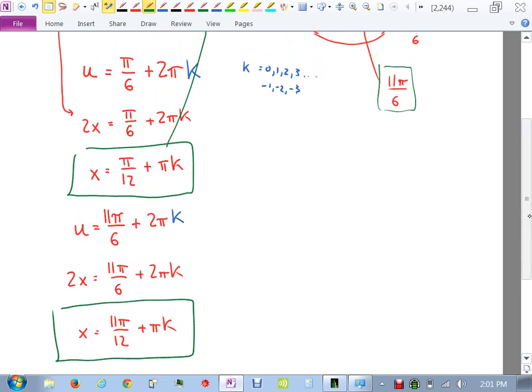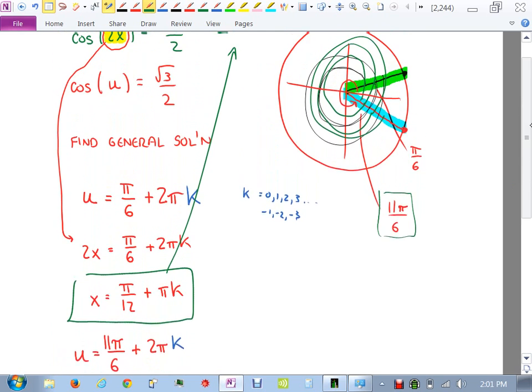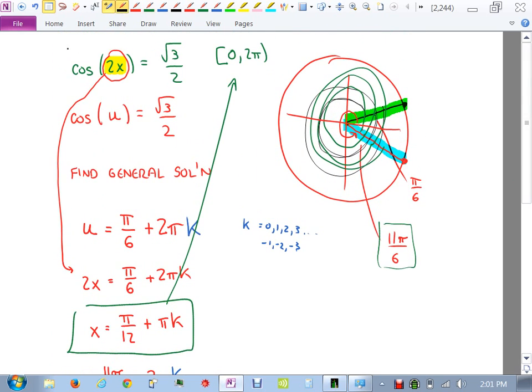Just keep in mind what these two boxed things mean. It means if x is any of these angles or any of those angles, we will satisfy the original problem that cosine of 2 times x is equal to root 3 over 2. But now we want to look at just the angles in 0 to 2 pi.